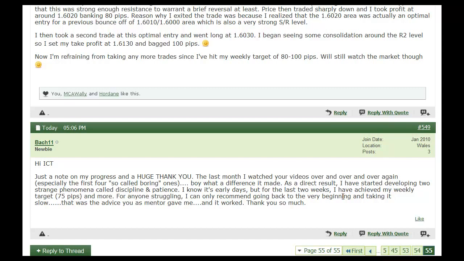And if you don't understand it as a pitfall, you'll continuously do it, and you'll blow out demo accounts, you'll blow out your live accounts, and it'll be an endless cycle until you get to the point where you understand that you are the problem. It's not your system, it's not the market itself, because the market's going to do what it wants to do whether you're in it or not.